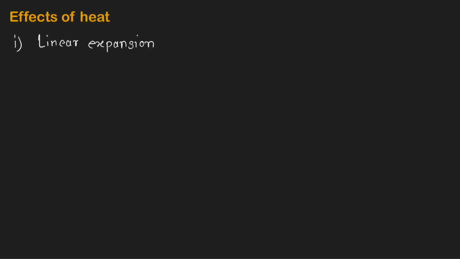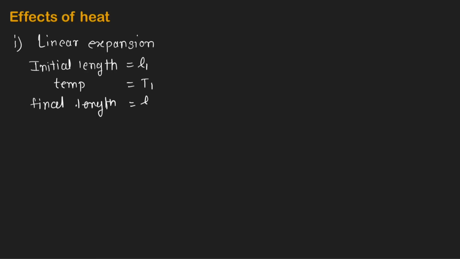If the initial length of that wire or rod is L1, and at that time the temperature is T1. After giving heat energy to that rod or wire, it expands and its length becomes L2, that is its final length, and at that time the temperature is T2.